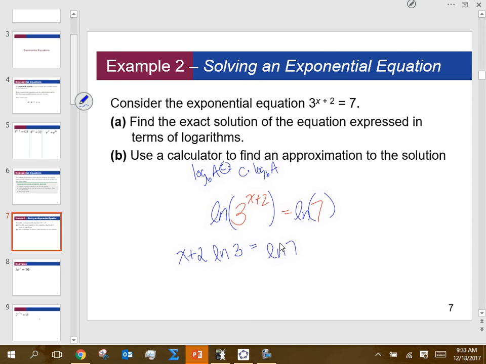Because if I take that x plus 2 out front, and I write down ln of 3 equals ln of 7, and then temporarily I forget what this x plus 2 represented, and I want to solve for x, well, the way I wrote this, doesn't that look like I have x plus 2 times ln of 3? Where really I have the quantity x plus 2 times ln of 3. So I get a lot of people at this stage to subtract 2 ln of 3 from both sides and think they solved for x.